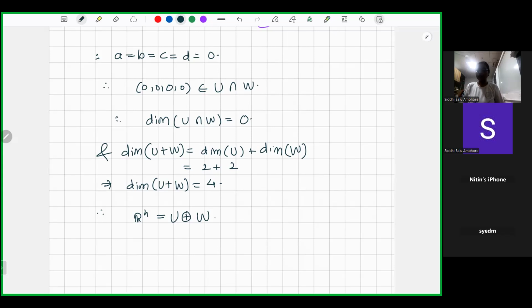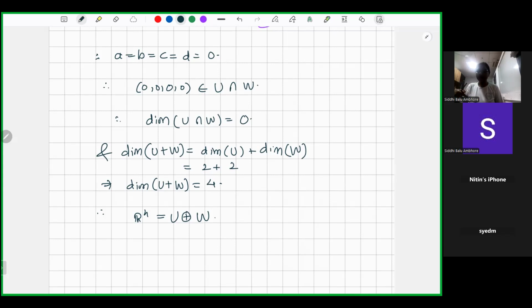In the first case, we used the dimension formula, and we got that the dimension of U intersection W will be greater than or equal to 1, and we could conclude that U plus W cannot form a direct sum.